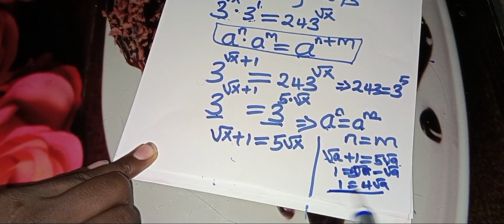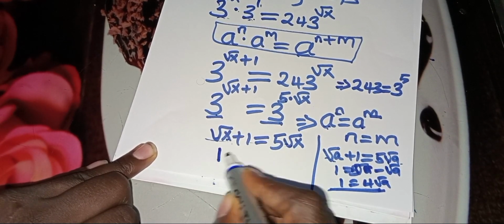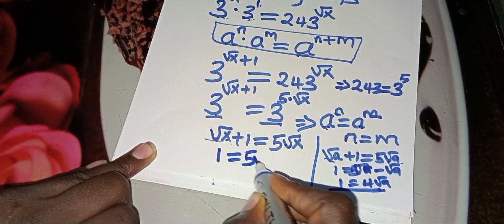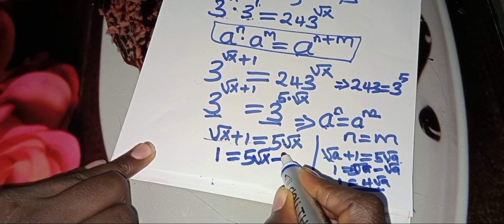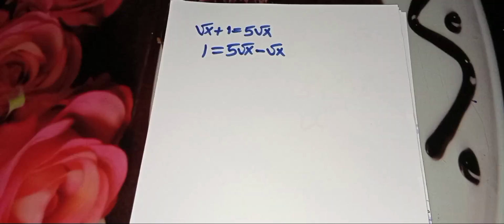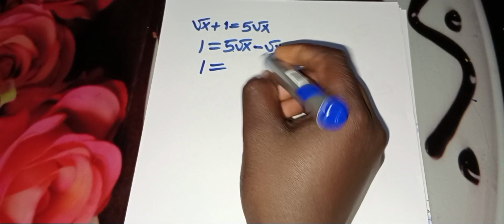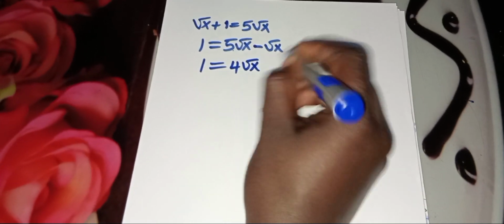Now we are using this approach, so that now in our case, we are going to have 1 is equal to 5 square root of x minus square root of x. Okay? Therefore, we have 1 is equal to 5 square root of x minus square root of x. So that gives us, this is 4 square root of x.